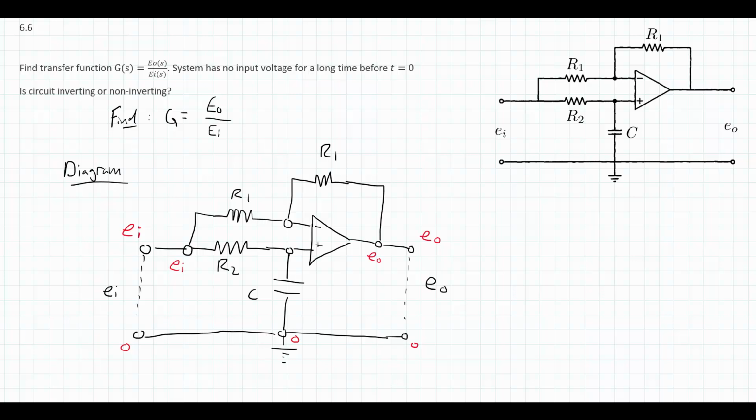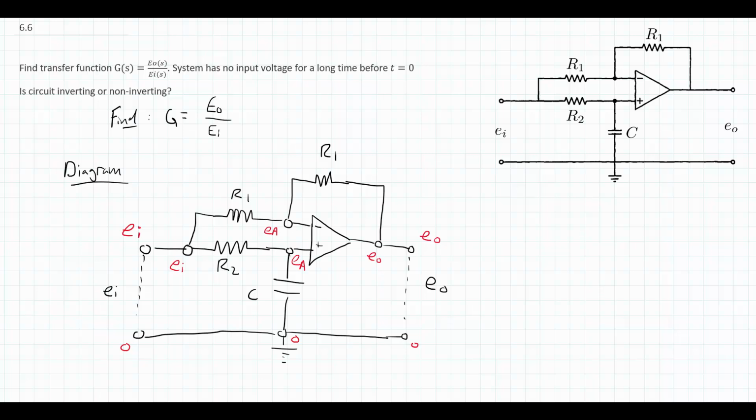So I can't say it's 0, I can't say it's EI, but what I could say is it's some unknown value right now, I'll call EA. And because the other input has to have the same voltage, it must also be true that the voltage at that node is EA. So I don't know what it is, but that's okay. I can just call it a variable for now and use it as I go forward.